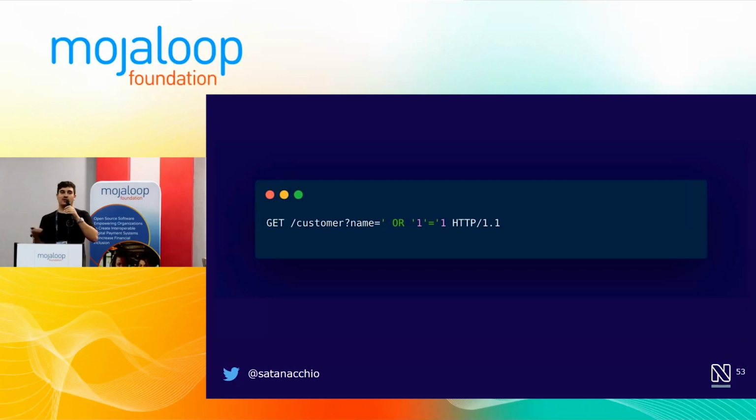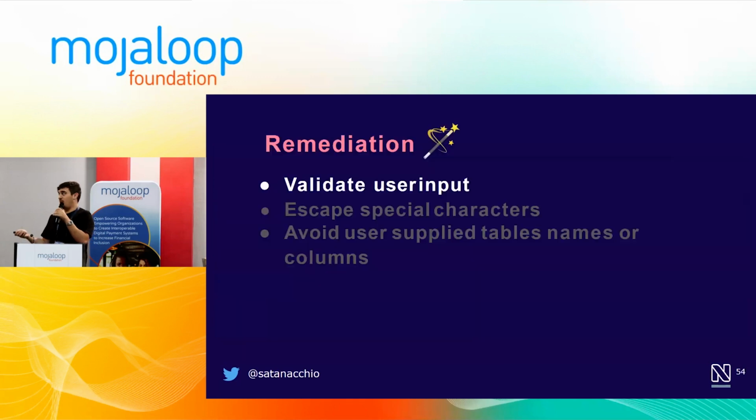So it's going to return the whole table because you trusted user input. Never trust user input. You always need to sanitize and validate whatever the user inputs in your application. And this is rule number 1 of security.